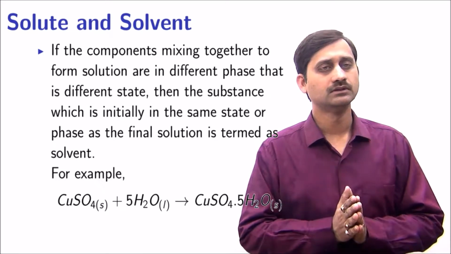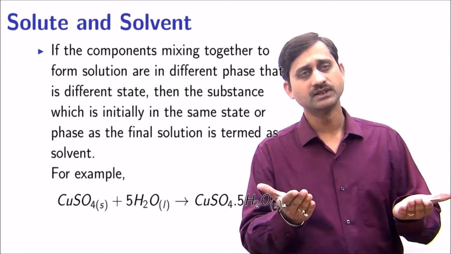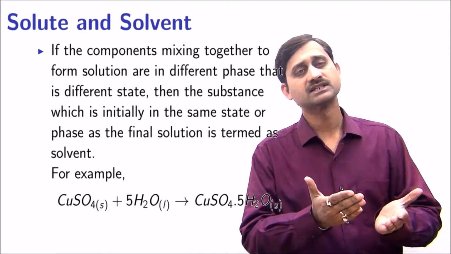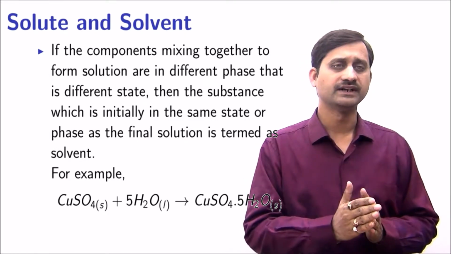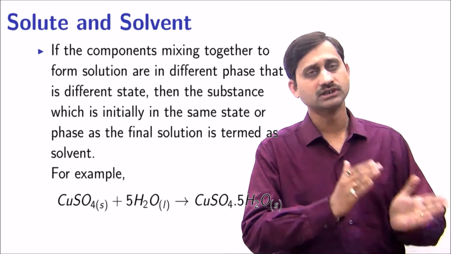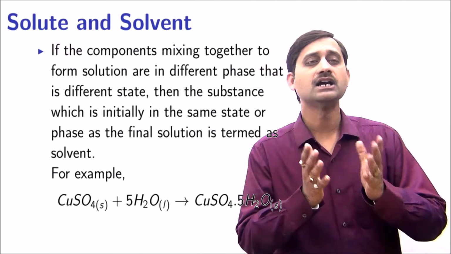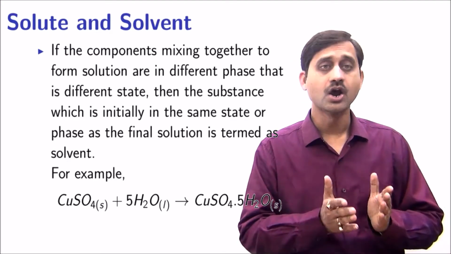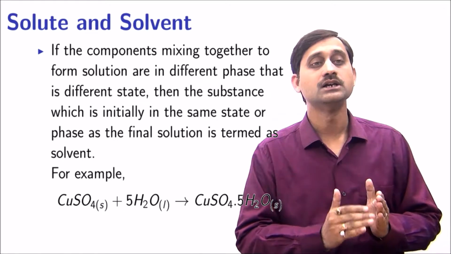For example, copper sulfate solid anhydrous interacts with water to form copper sulfate hydrated. Here, copper sulfate was initially the solid and water the liquid. The final solution that we obtained is a solid. Hence, here copper sulfate is the solvent and water is the solute.